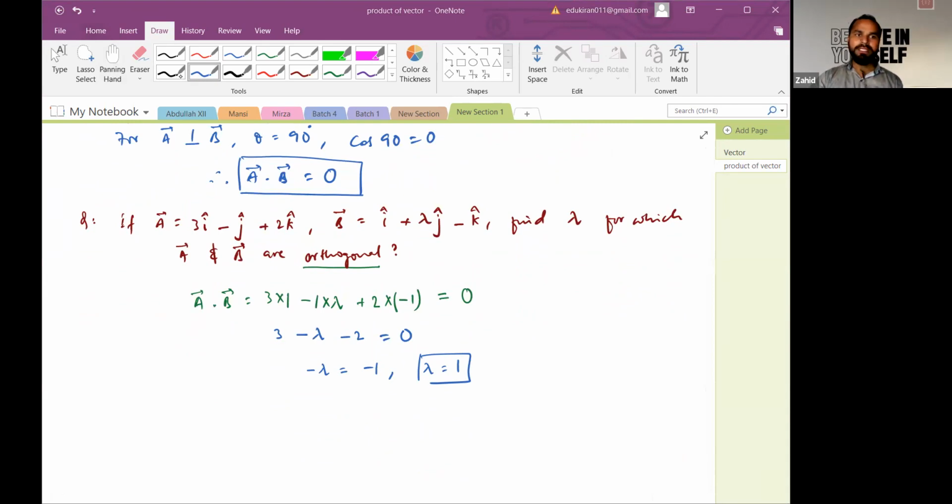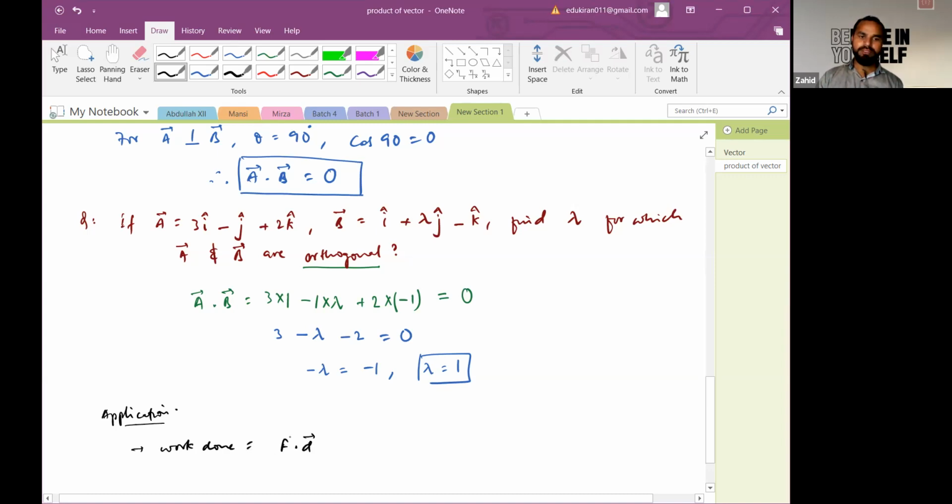Now there is some application of this particular dot product. First is to find work done. It will be F dot displacement.